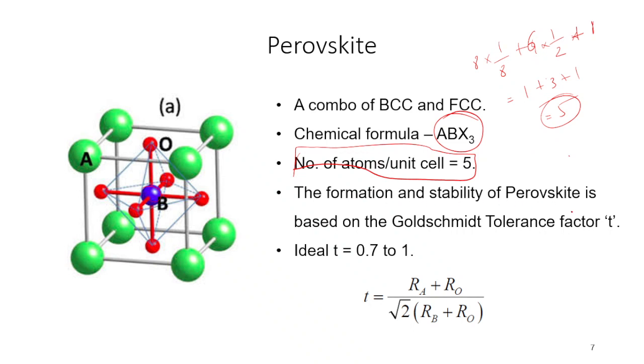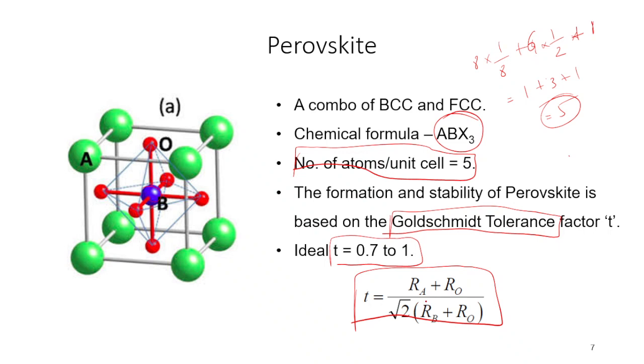The formation and stability of perovskite is based on the Goldschmidt tolerance factor. So sometimes they may ask, like, what is it based on? How can we say a perovskite structure is stable? So the answer is the Goldschmidt tolerance factor, and the tolerance factor must be between 0.7 to 1. And this is the formula for the Goldschmidt tolerance factor.